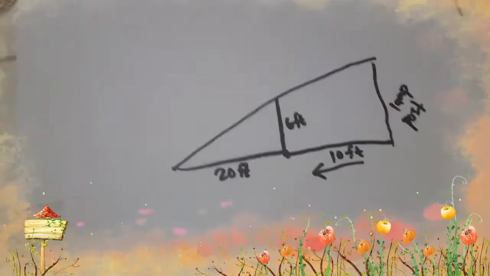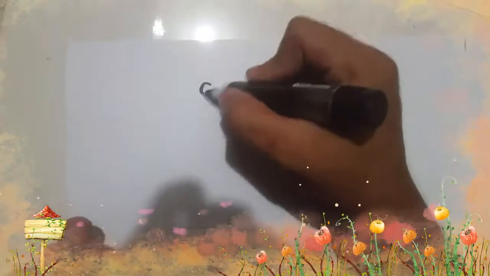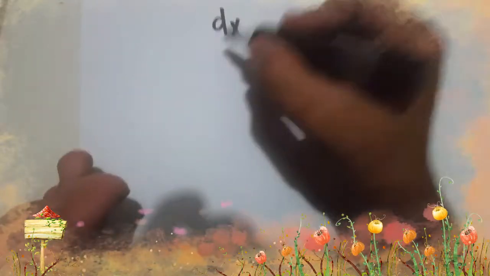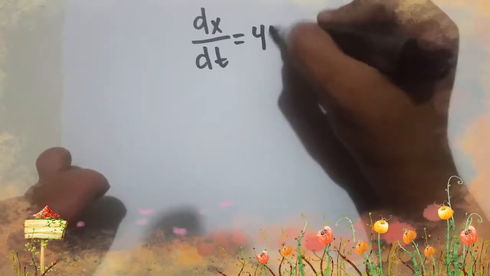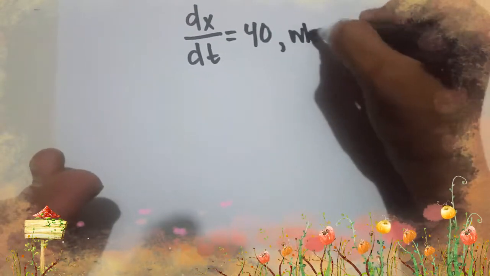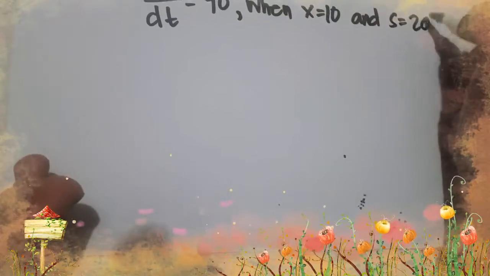So after that, we have to organize the given information. So dx over dt is equal to 40 when x is equal to 10 and s is equal to 20.